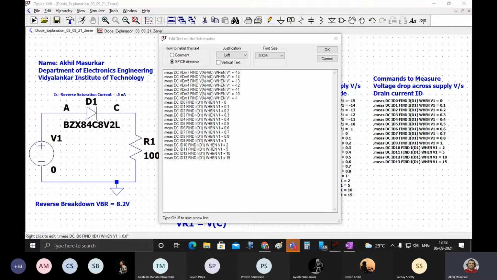Now I want to know some currents in the reverse bias also. So I'm just writing there as ID.